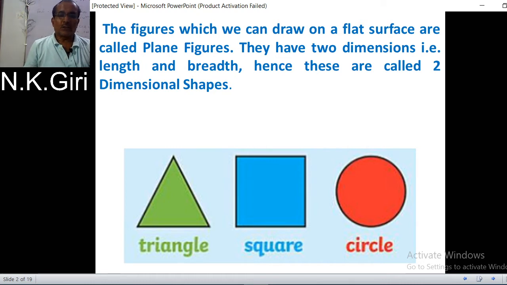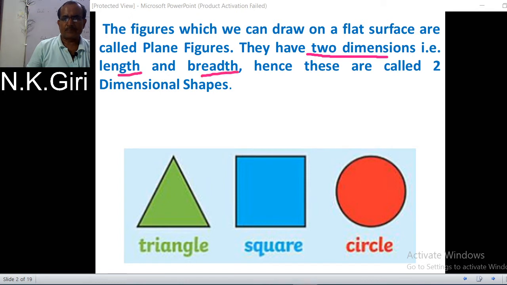The figures which we can draw on a flat surface are called plane figures. They have two dimensions, that is length and breadth. Hence these are called two-dimensional shapes.